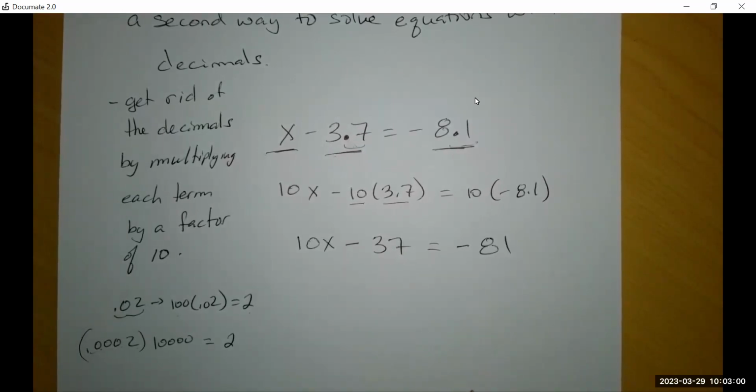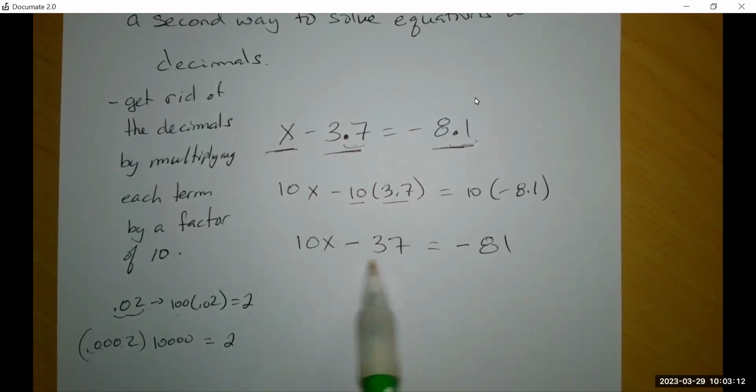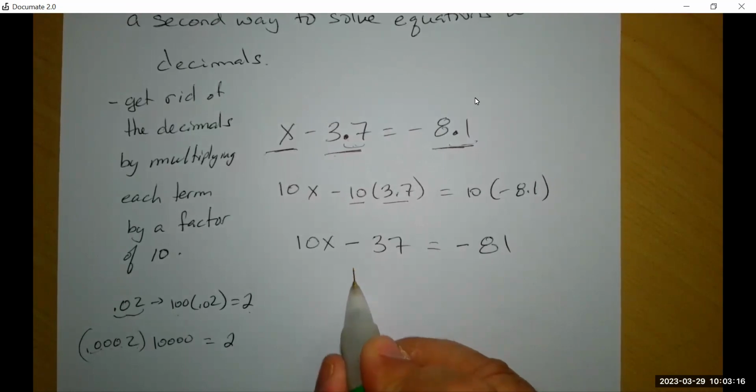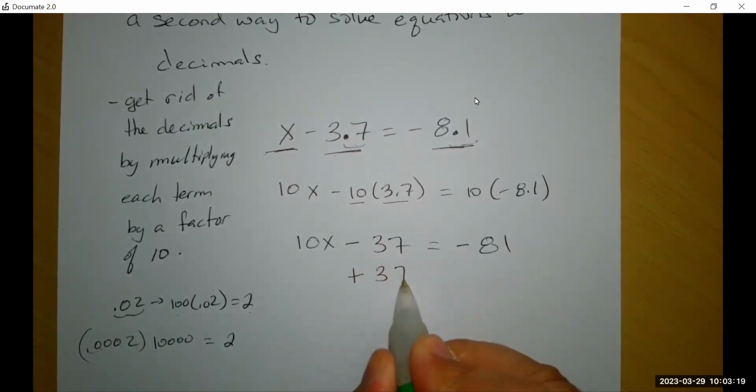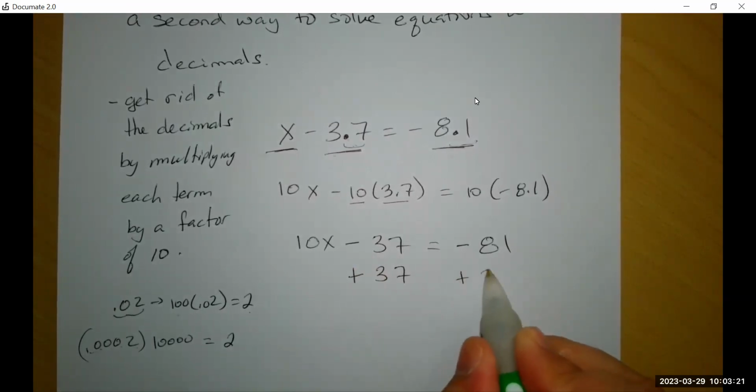Does it look a little bit easier? What do we do next? Get rid of the non-x. So we have to get rid of this negative 37. How? By adding 37 to both sides.